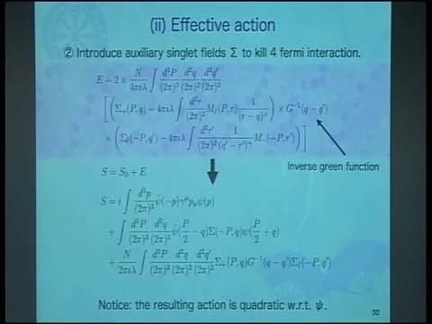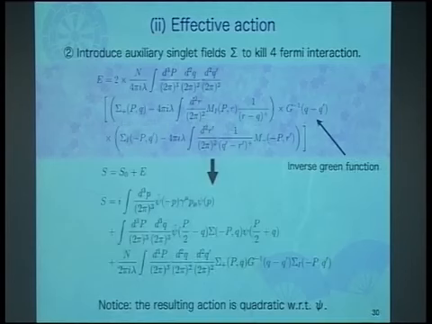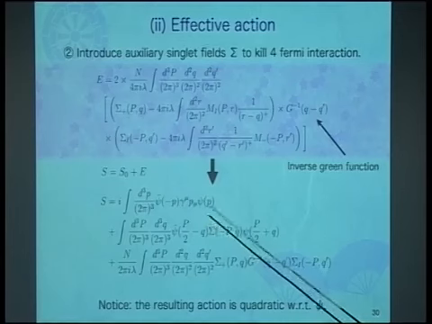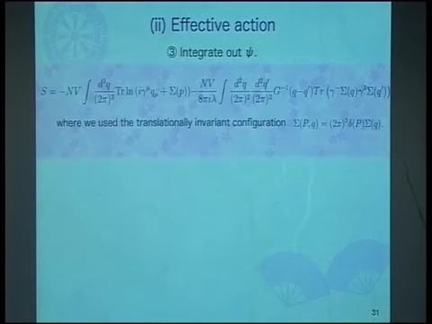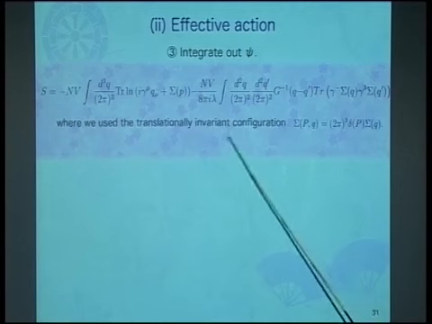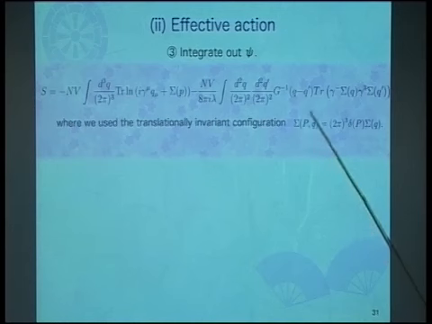Now this action is quadratic with respect to psi, so you can integrate out psi. This part is unchanged, and this part is changed by the Gaussian integration. And here, technically, we use the translation invariant configuration for the singlet field sigma.